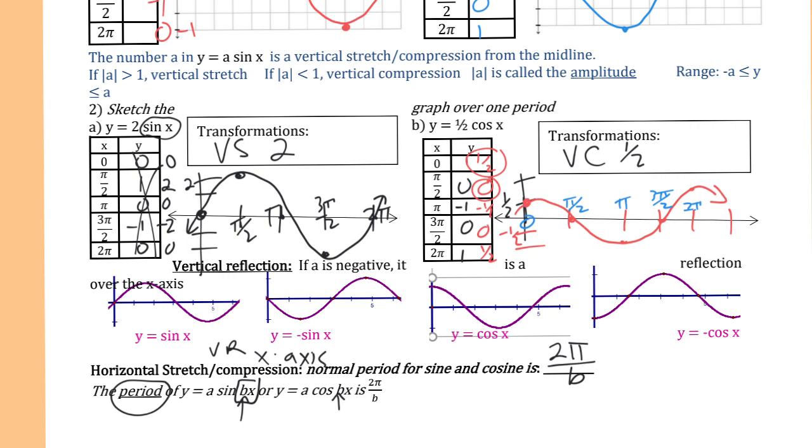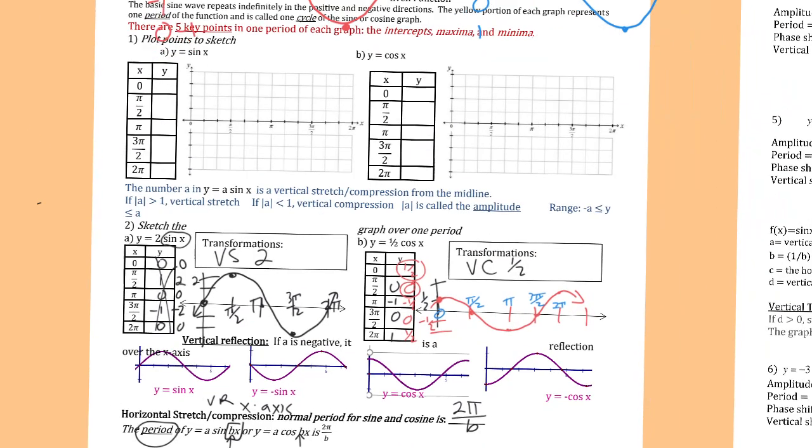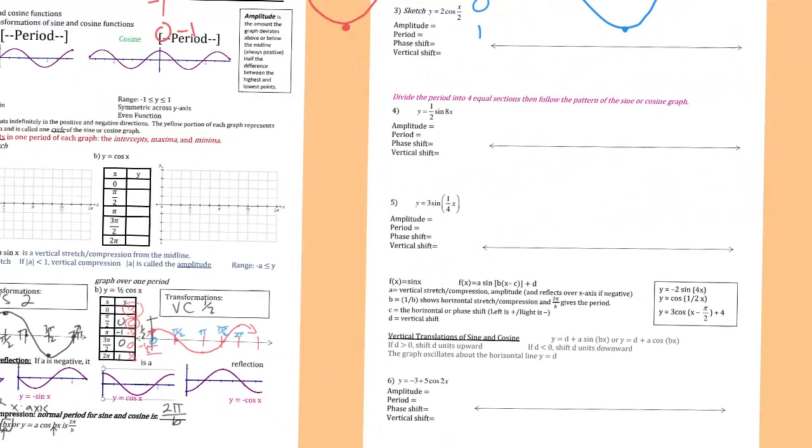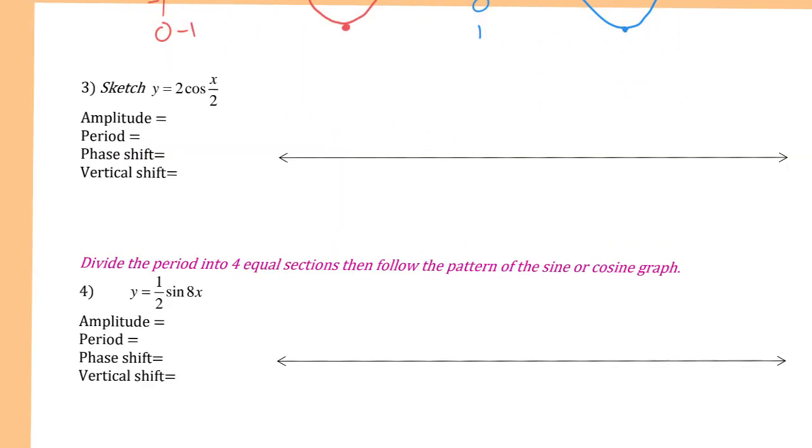And so let's keep trucking through this. So let me see what we've got. Switch this. Okay, so side 2. Okay, so if we're going to be sketching this, I spy that it's going to be a vertical stretch by 2.